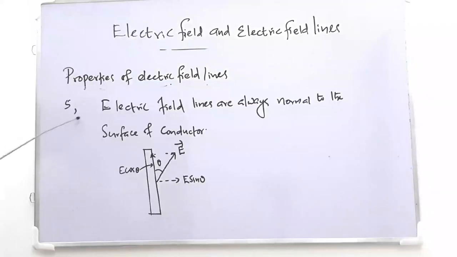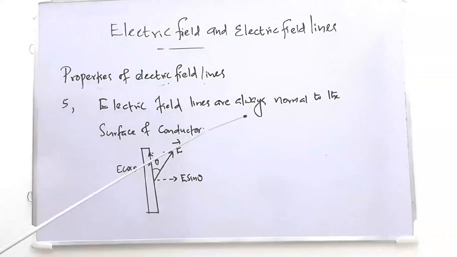Okay, the fifth property, electric field lines are always normal to the surface of a conductor. Imagine that this is a conductor and we are having electric field like this. If we are having an electric field vector which is at an angle theta to the conductor, then we will be having two components. One is E sin theta and the other E cos theta. That E cos theta is along the surface of the conductor.